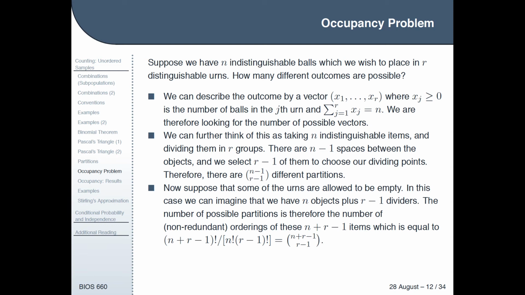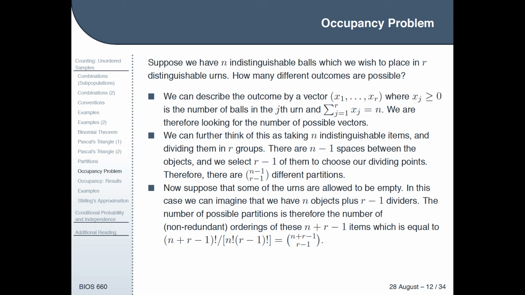So in this case, you would write it down as, you could say something like ball 1, ball 2, partition 1, ball 3, ball 4, ball 5, ball 6, partition 7, ball 7.